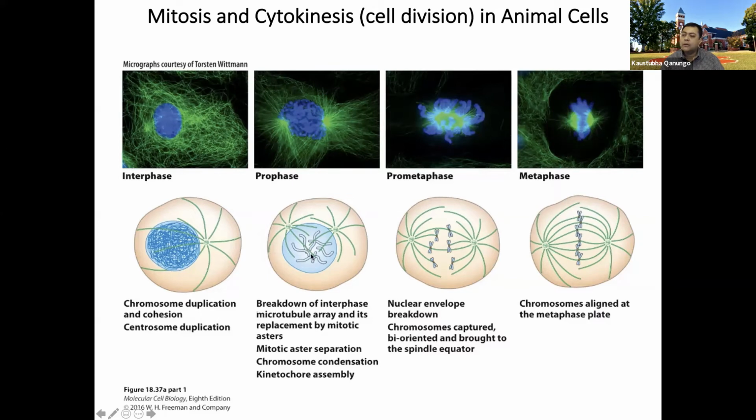Then the important thing that happens is that as the chromosomes are condensing, there will be a certain region that develops on these condensed chromosomes, which we call the kinetochore. And that is the main thing. We are going to talk about this kinetochore constantly.